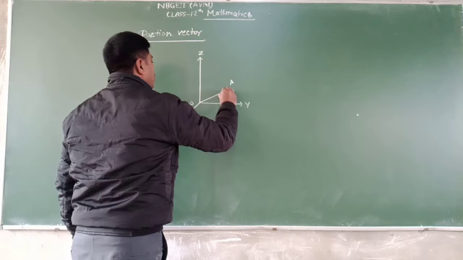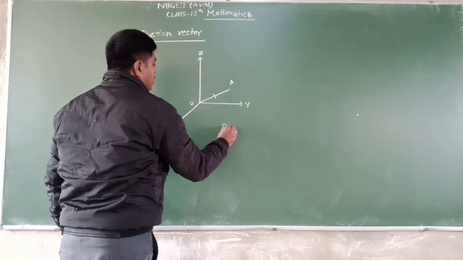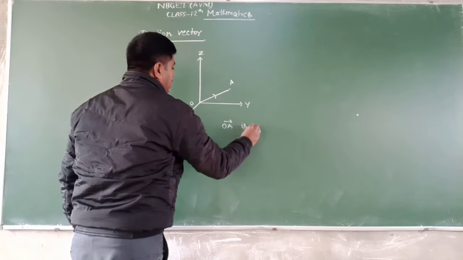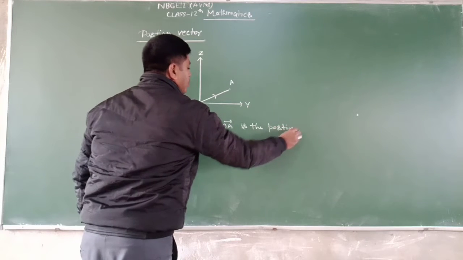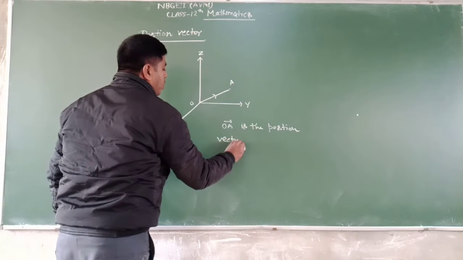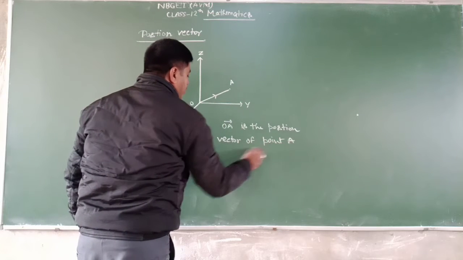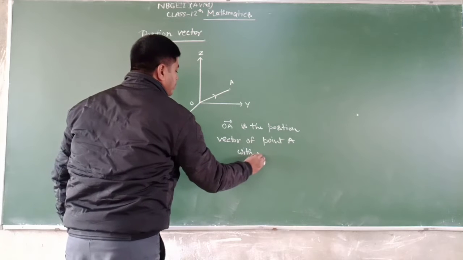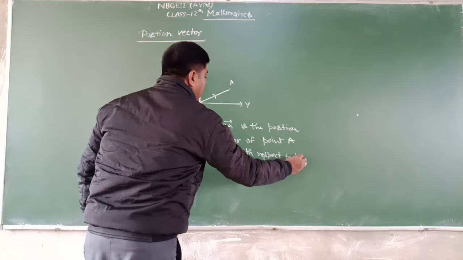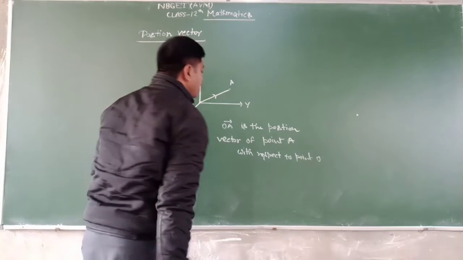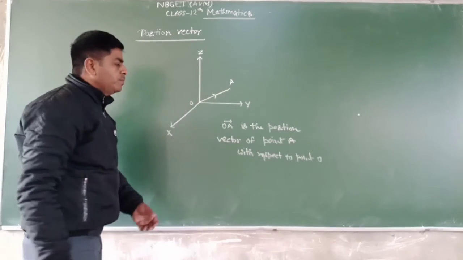Then OA vector is the position vector of point A with respect to point O. Here O is the reference point, O is the origin in space.